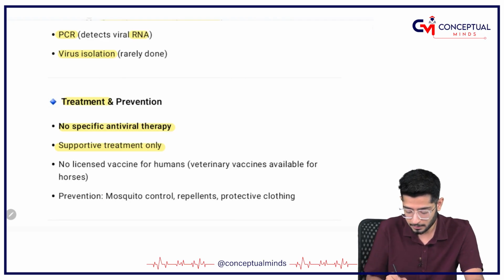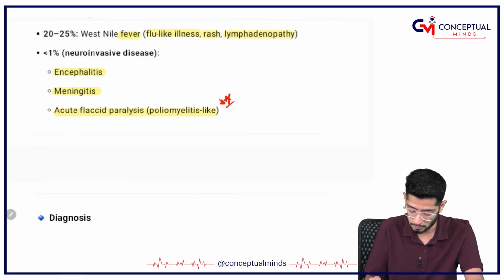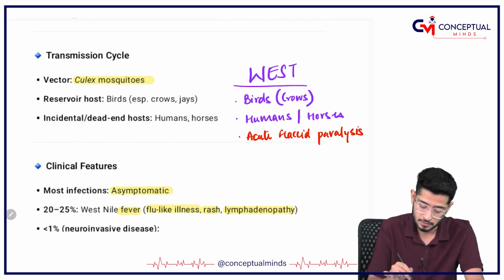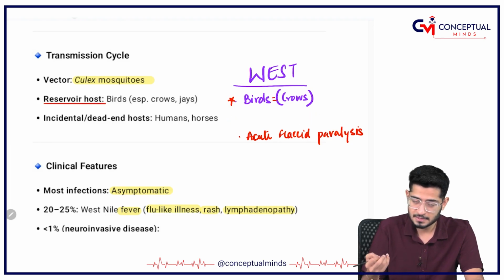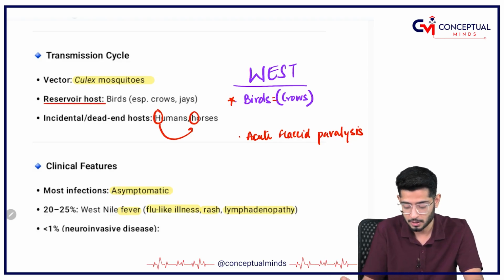And to prevent it, naturally mosquito control and all these things. Just one important thing I want you to understand: you have got birds as the reservoir host, then you have got humans as the dead end host. So from Japanese encephalitis, you can copy down humans, and then from H to H you can remember.